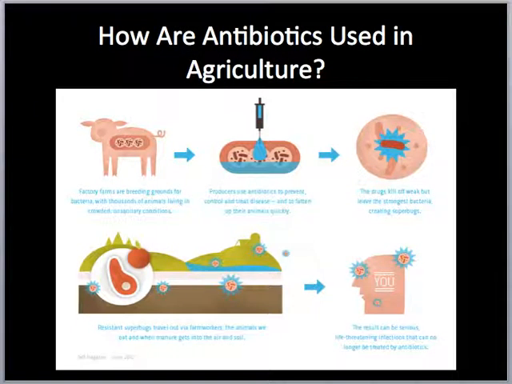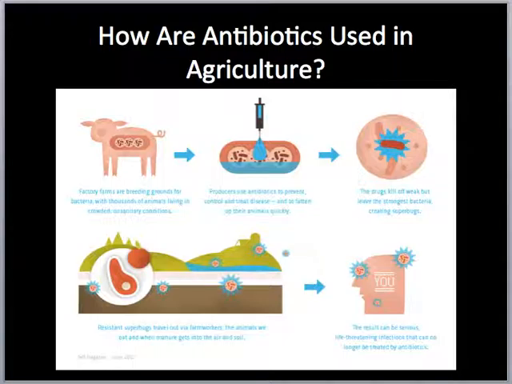Now we have a graphic here about how antibiotics are used in agriculture. It shows factory farms are breeding grounds for bacteria, with thousands of animals living in crowded and unsanitary conditions. Producers at these farms use antibiotics to prevent, control, and treat diseases and to fatten up the animals quickly.